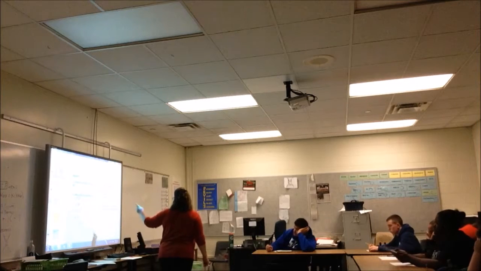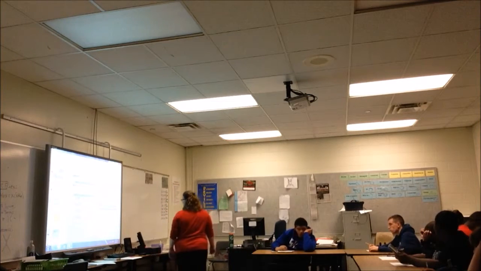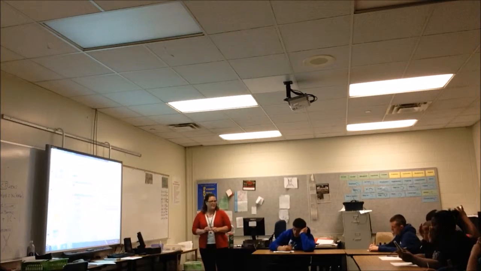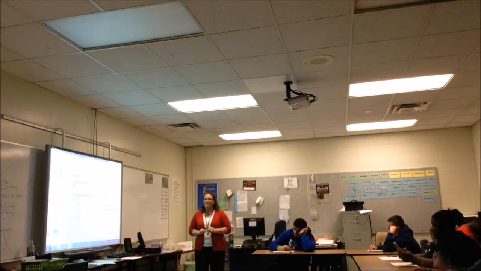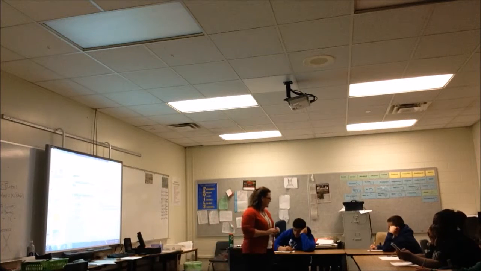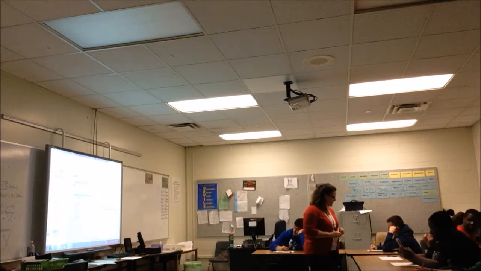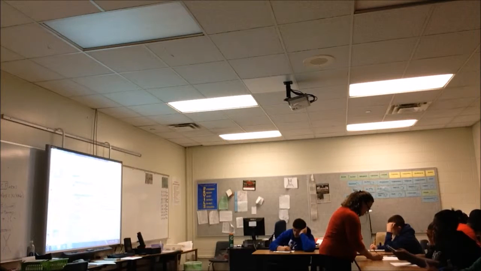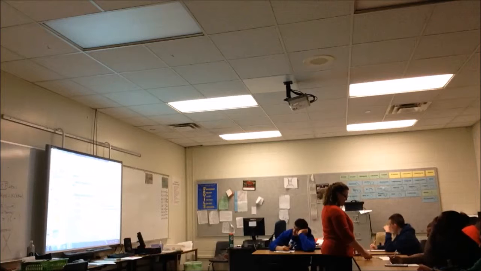So start off by writing down number 1, 4x squared and 16x. And then tell me what the greatest common factor of those is on your paper. So what can I take out of both of those?